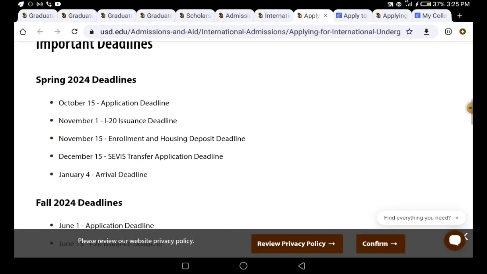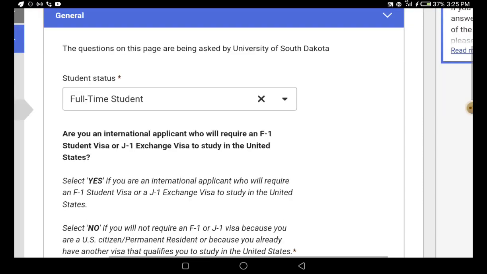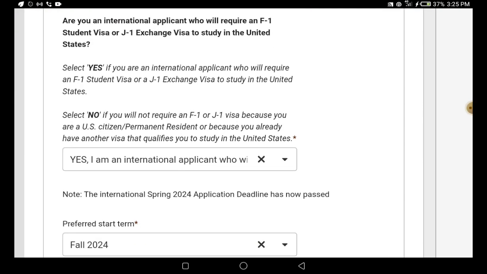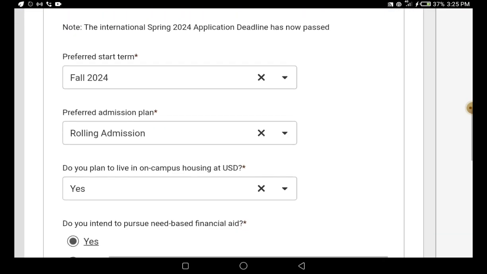You see that the deadline for spring has passed, which is also the same information that was provided to us here, which means we can only apply for fall of that year. I hope you can connect all this information together and digest it yourself to start your application. Whatever programs you are applying to, you click on next and start your application.